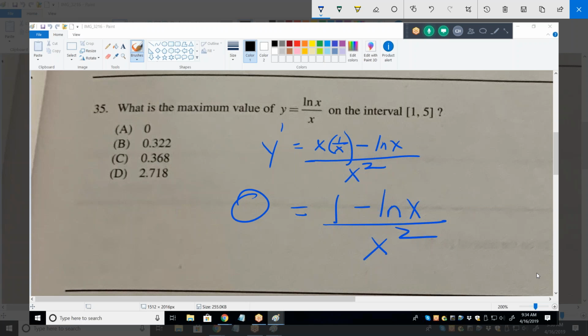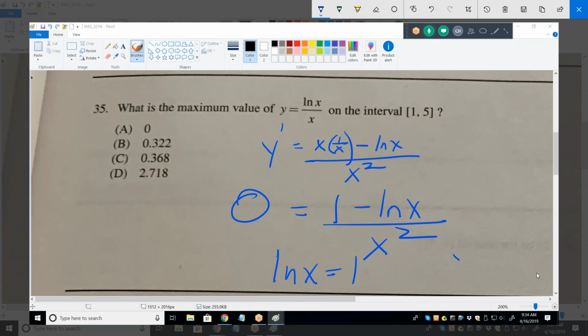Okay. So then it would just be 0 equals 1 minus ln x. Okay, so then what? So then subtract 1, so then negative 1 equals negative ln x. Better way to do that is to put the ln x on the other side, because then you're not dealing with negative signs. Okay. So that's 1 equals ln x.